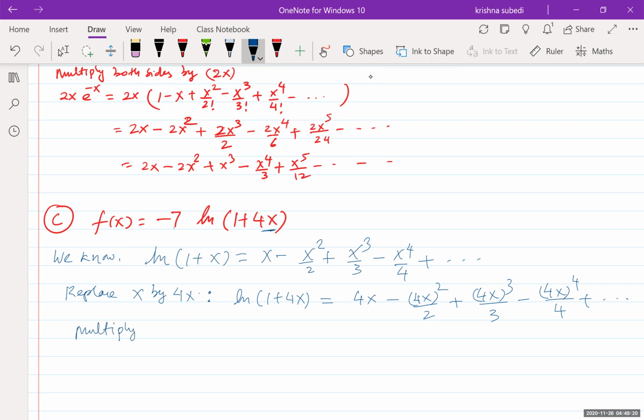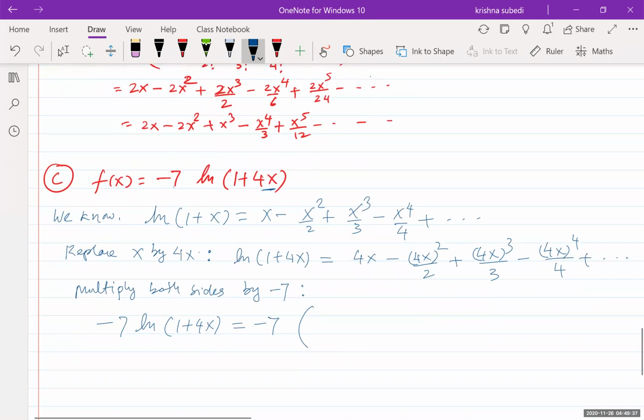Multiply both sides by negative 7. So you're going to get negative 7 ln(1 plus 4x) equals negative 7 times, you multiply everything by negative 7. So you're going to get 4x minus 16x squared over 2.